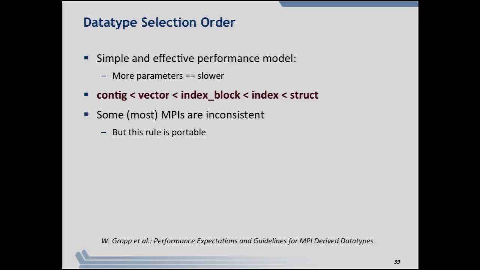So in terms of complexity or what the implementation can optimize, clearly, if you are closer to the left side, that is, your data types are contiguous or vector or even indexed with a fixed block size, those are easier to optimize or easier for the MPI implementation to even understand.